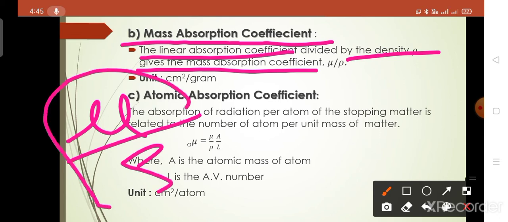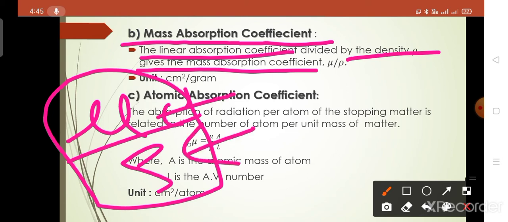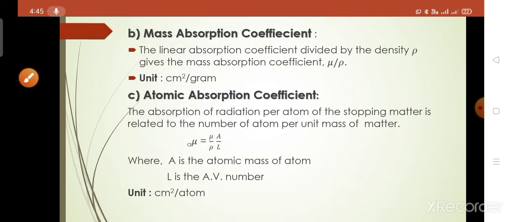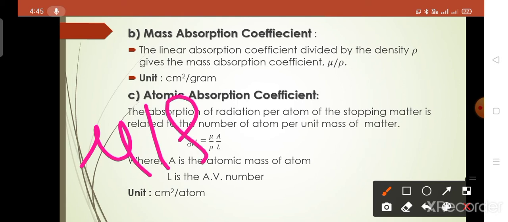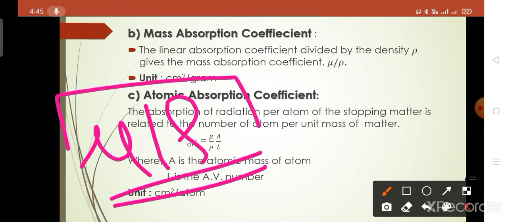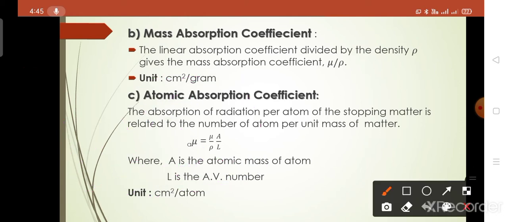This ratio of mu and density is known as the mass absorption coefficient. Means what? The mass absorption coefficient is denoted by mu by rho. You have to remember here mu by rho, and the unit of the mass absorption coefficient is the centimeter square per gram.